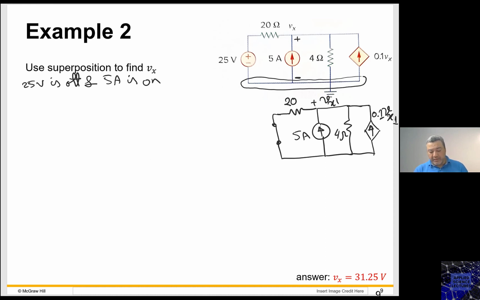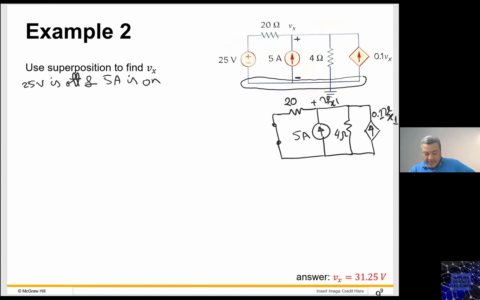Now we need to find this Vx1. So how do we find this Vx1? We have a current source here. If we do a KCL here, what do we get?